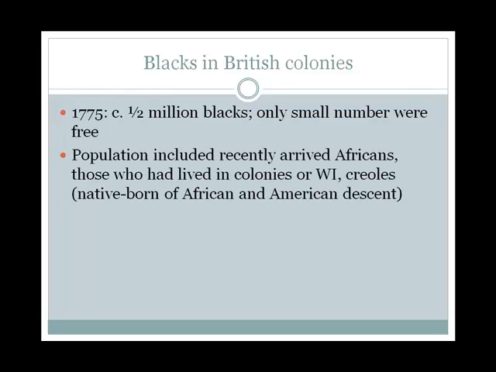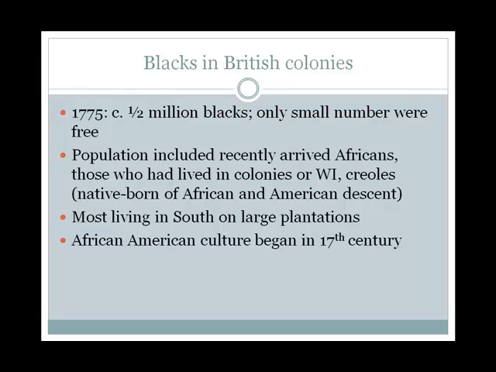This population included recently arrived Africans, those who had lived in the colonies or the West Indies, and then Creoles, or those who were native born of African and American descent, mixed race people, or people who were of pure African descent, but they were born in British North America. Most of them are living on plantations in the South, in the Chesapeake colonies, in the Carolinas, or in Georgia.